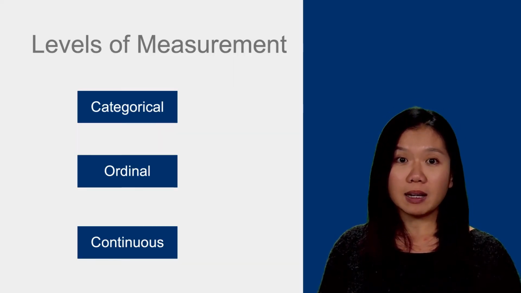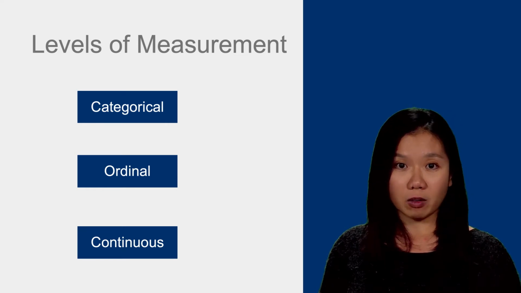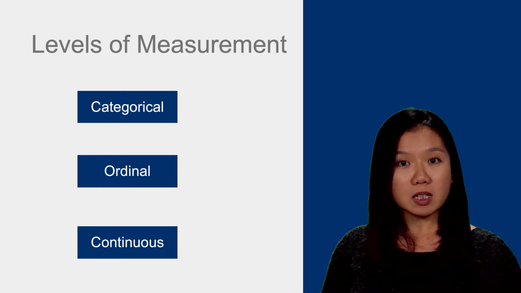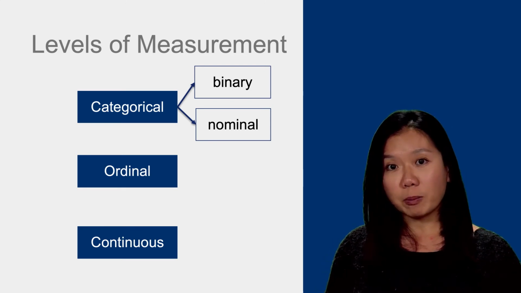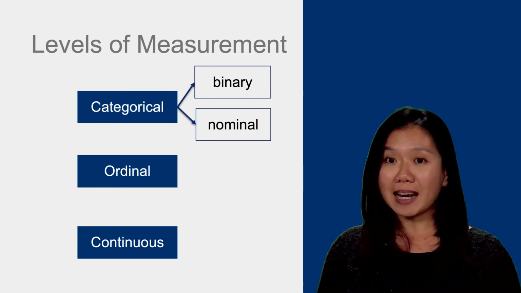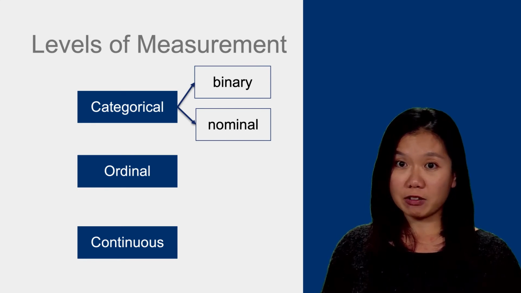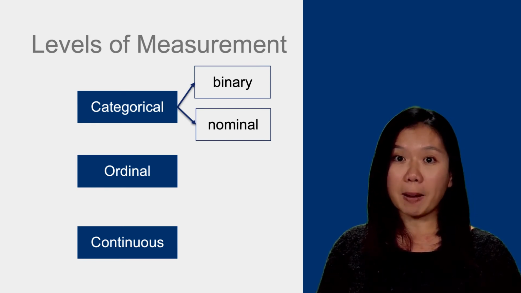The numbers that represent what is being measured is known as the levels of measurement. They can be broadly categorized as categorical, ordinal, or continuous variable. As the name suggests, categorical variable is when the variable is made up of categories. If there are only two categories, the variable is known as a binary variable.